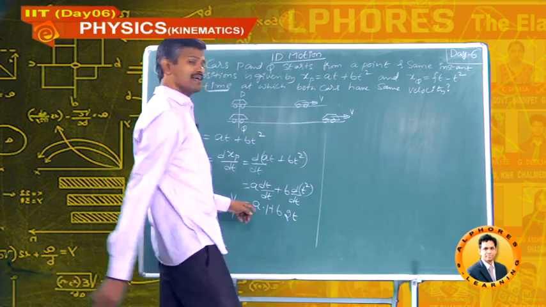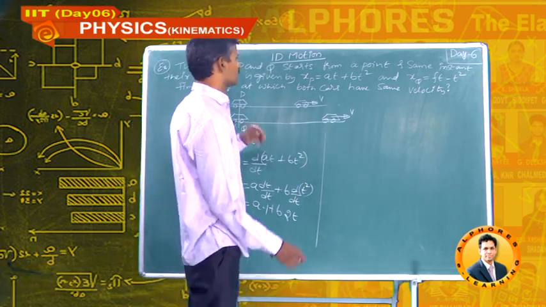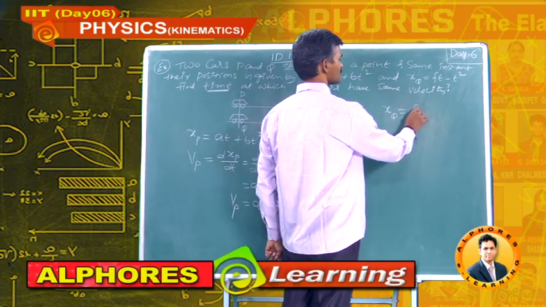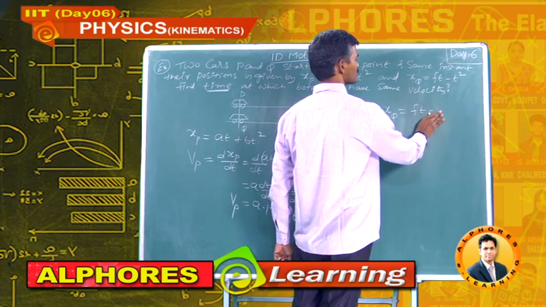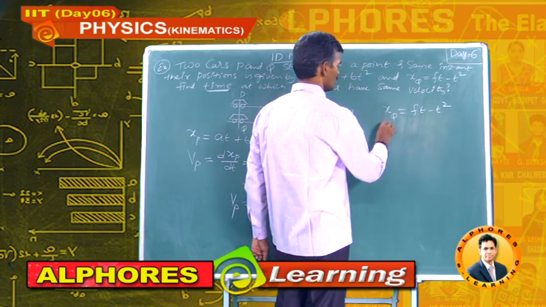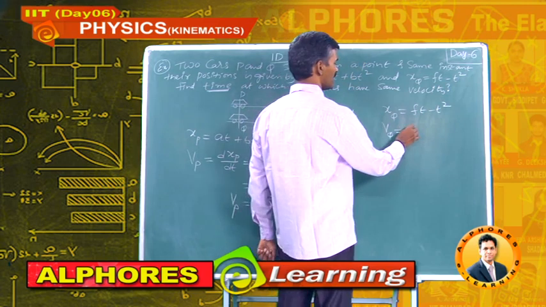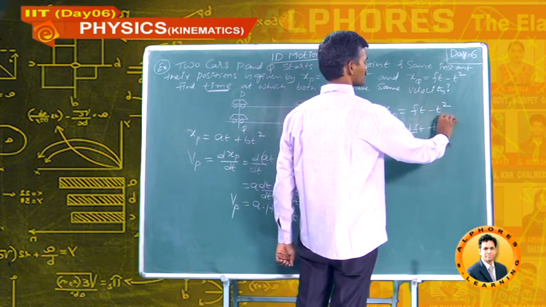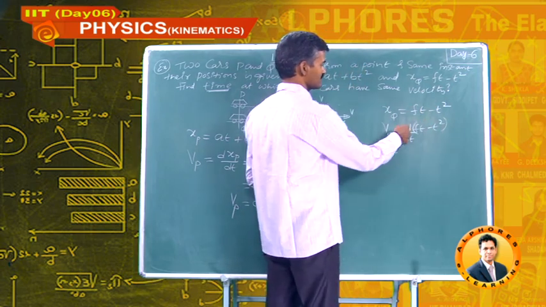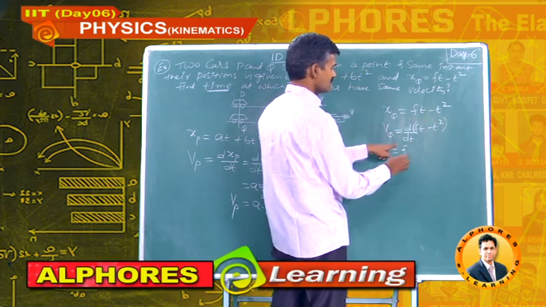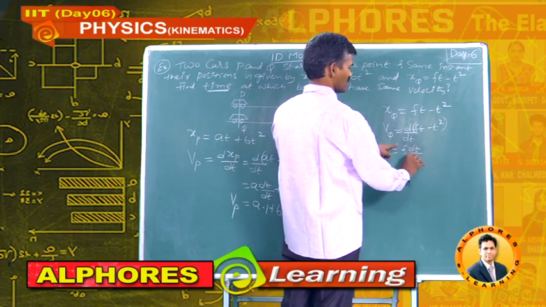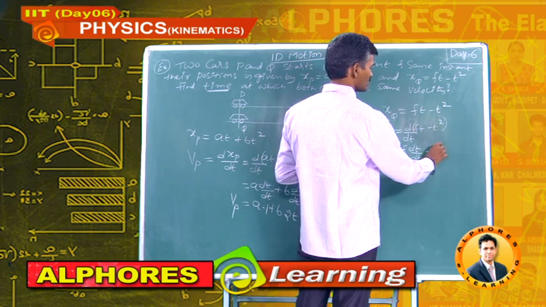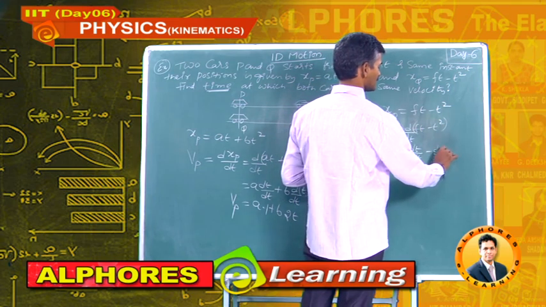Similarly, we can calculate velocity of Q. Position of Q is xq, that is ft minus t square. So velocity of Q is given by d by dt of ft minus t square. f is a constant, so d by dt of f is 0, minus f times d by dt of t square.